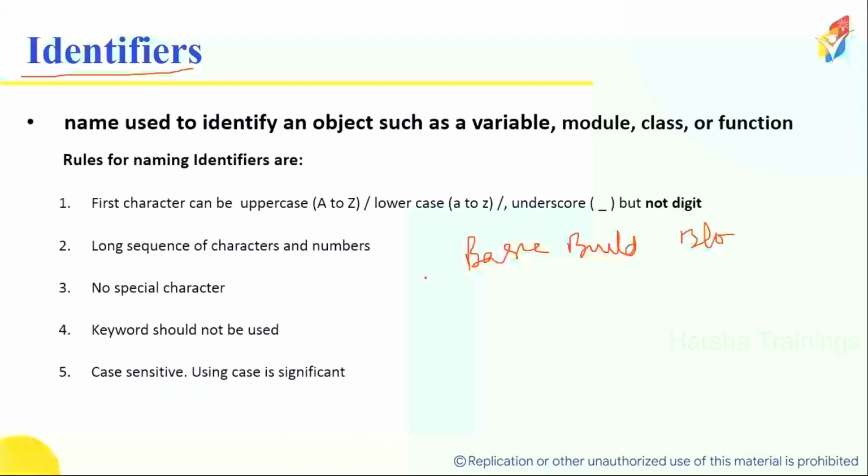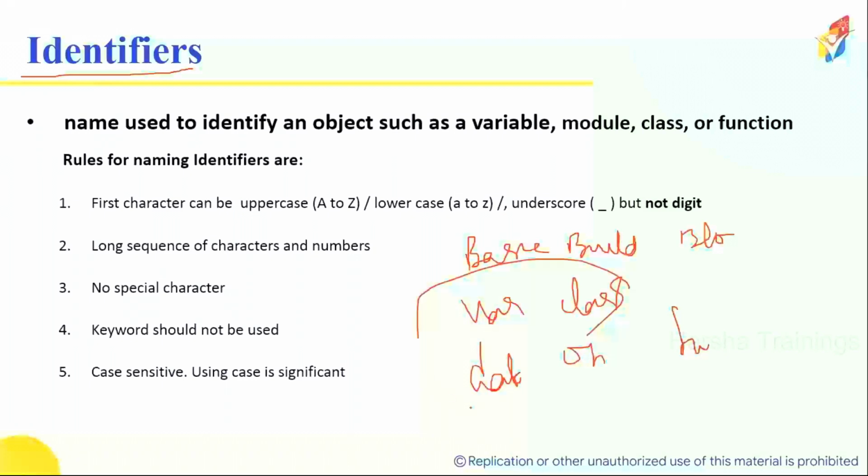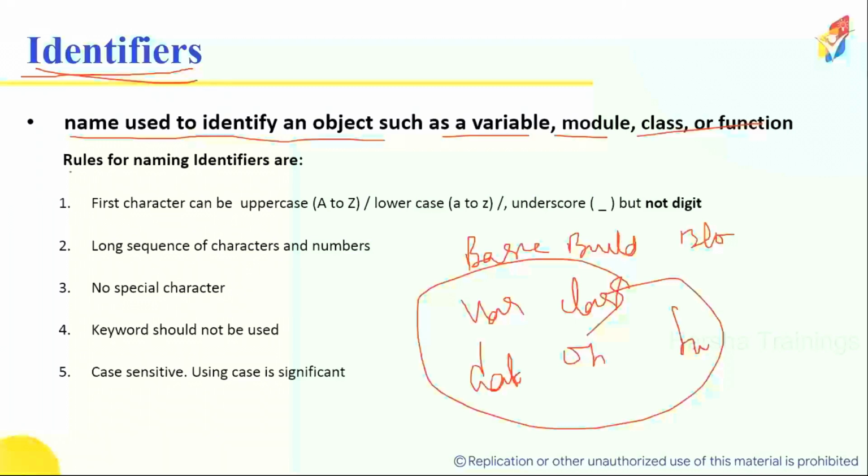In a programming language, I will use variables, data types, classes, objects, functions. Now, how can I name them? If I want to name any variable, data type, class, or module, I should use identifiers. Identifiers are the names used to identify an object, such as variables, modules, classes, and functions.